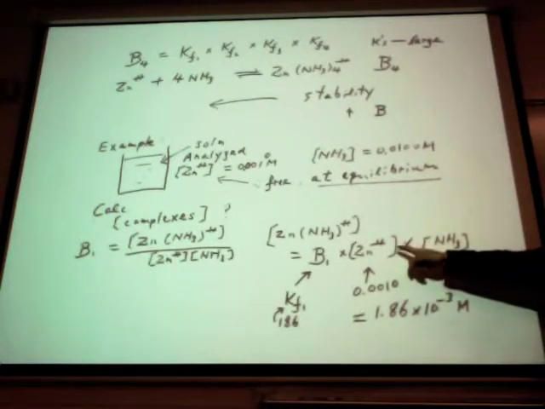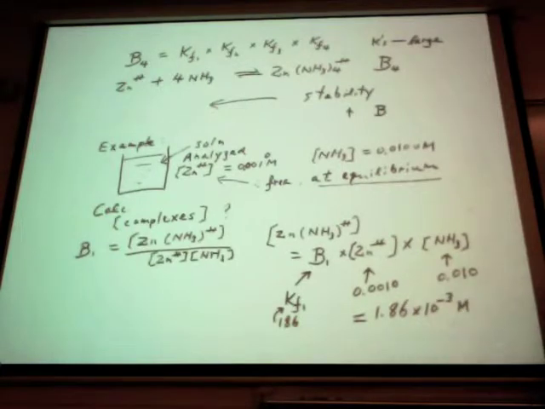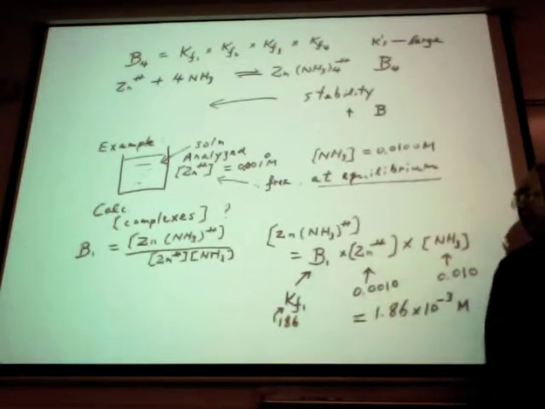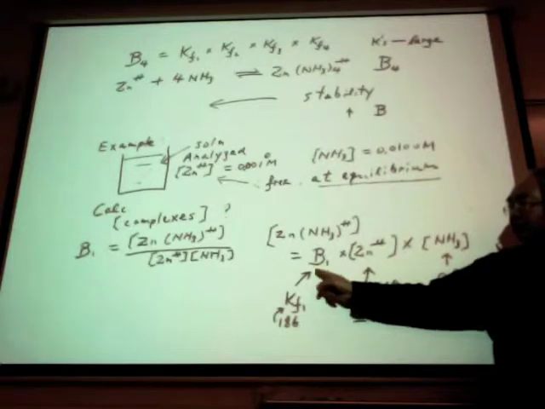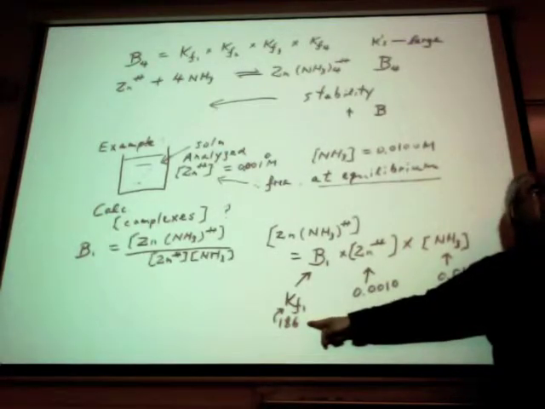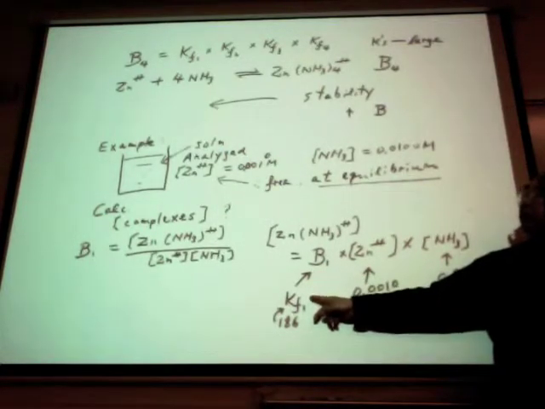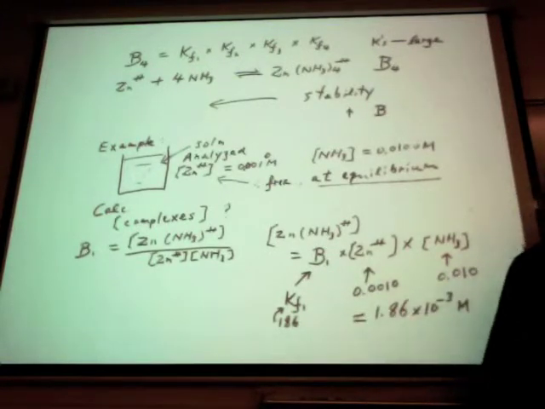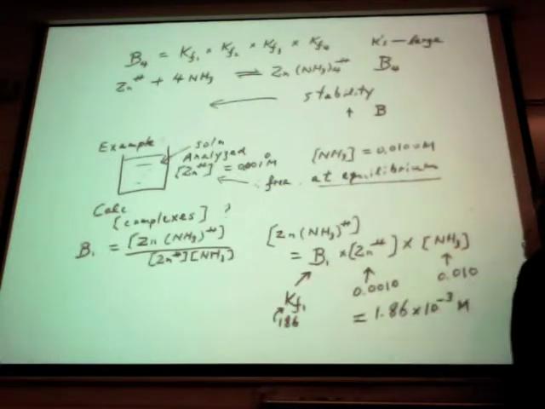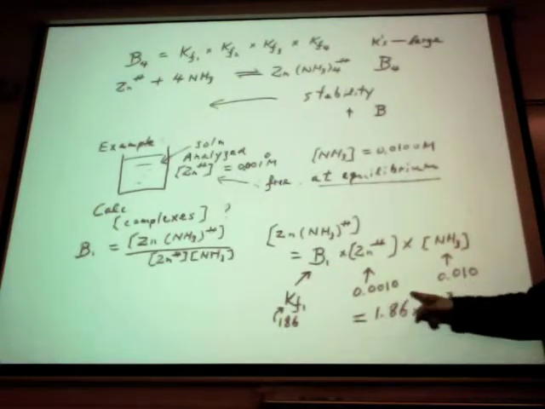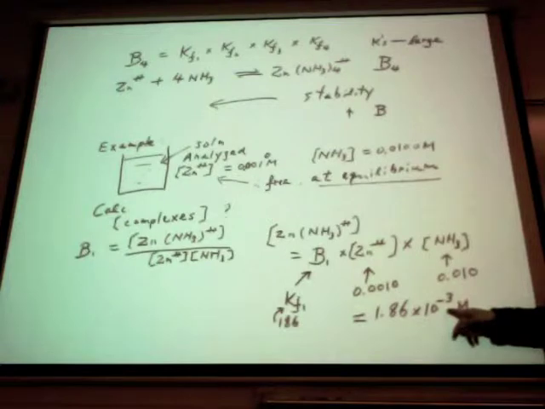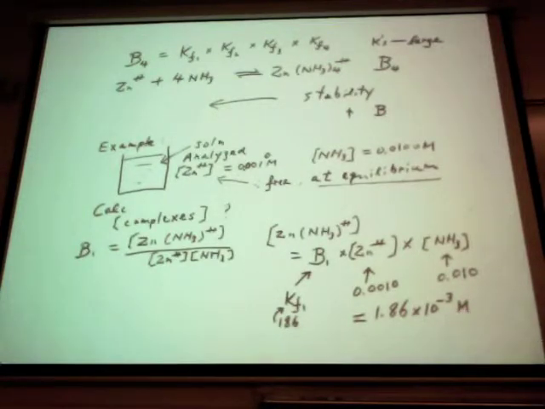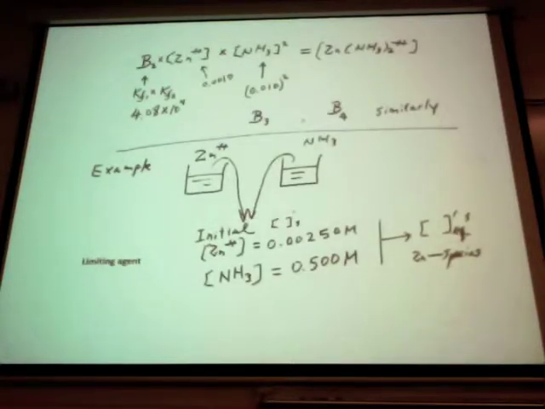So you just go in with these two values. Then beta 1 is a table value, which is Kf1, 186. So this corresponds to the zinc and ammonia system, 186. You plug that in, then you get the complex 1 concentration to be this. So it's quite straightforward.